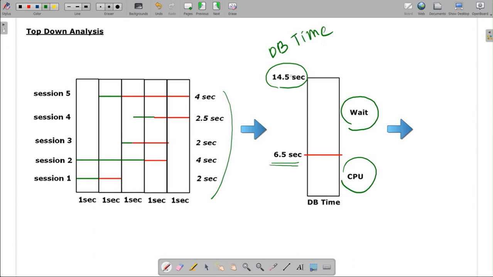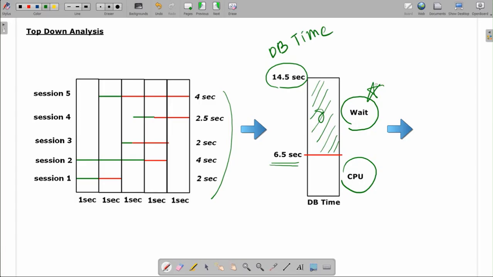And also about 8 seconds is wait time, meaning that your database is a wait dominant system.